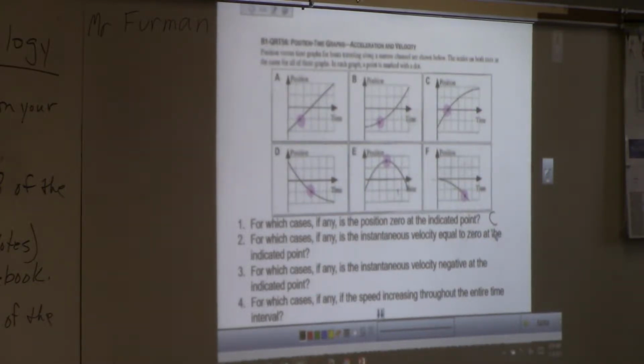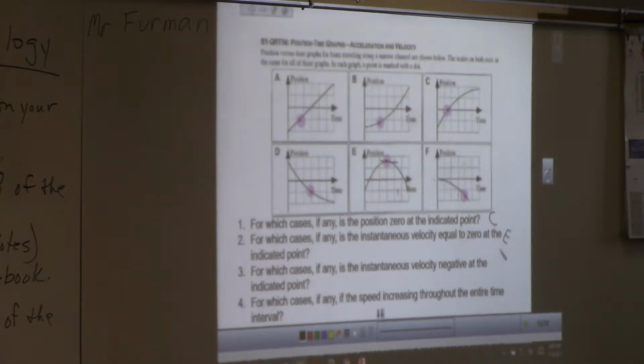Where do I have 0 slope? E. Because right there, the slope tangent to that is 0. Obviously I have a positive slope here, positive slope here, negative slope here. Here it's 0, and here it's negative again. So I've got E there.